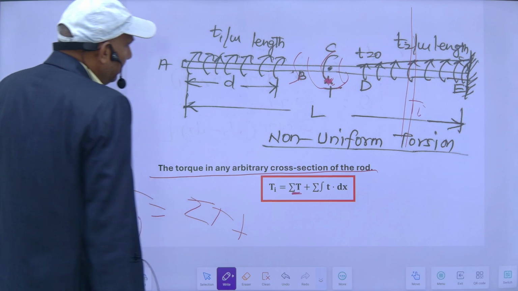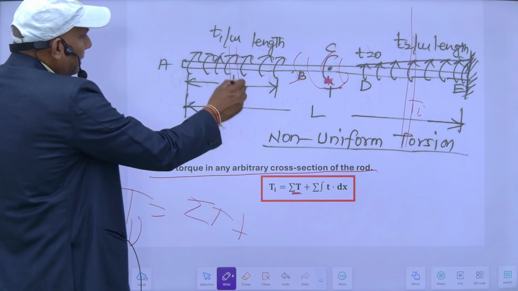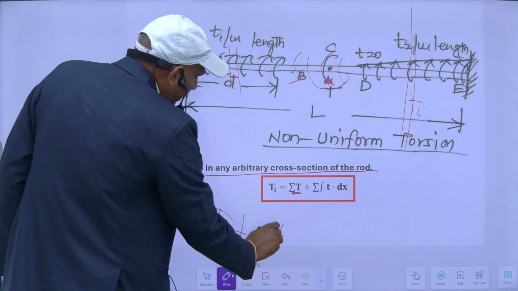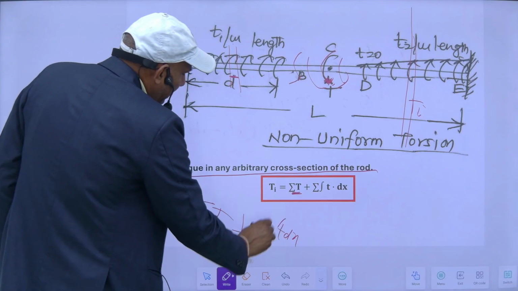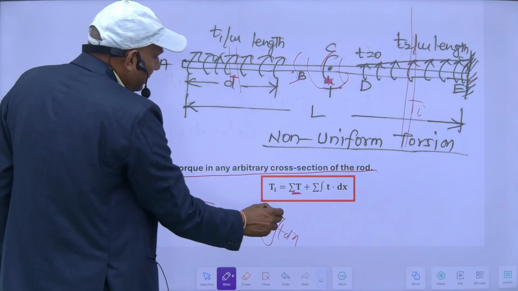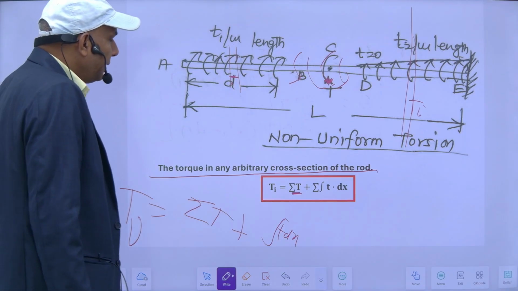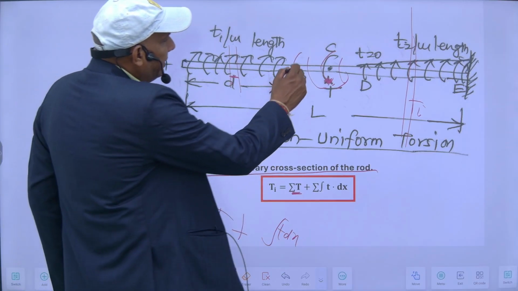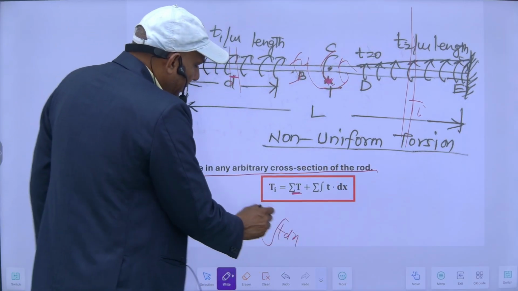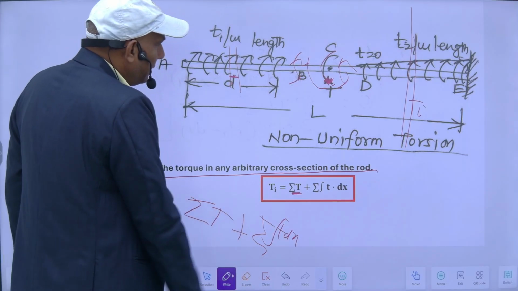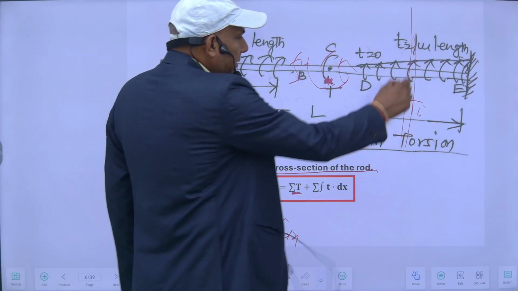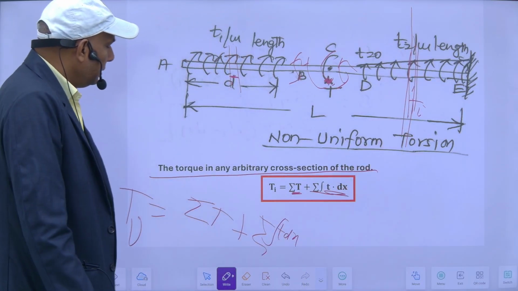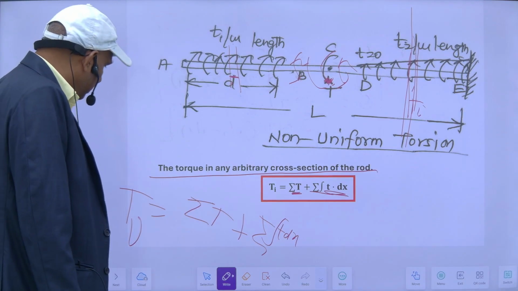And then here it is T into dx. For this ring it will be T into dx. Then I will integrate it from here to here. If I have a number of such distributed torques varying here also, it will be the summation of all that, and it also includes this. So this is the formula in the case of non-uniform torsion.